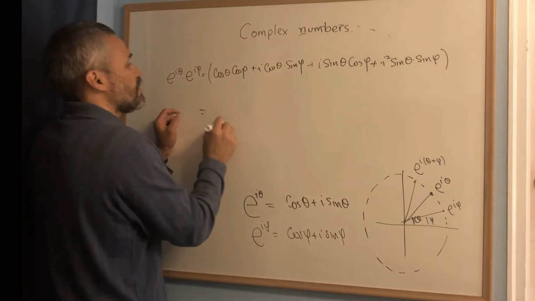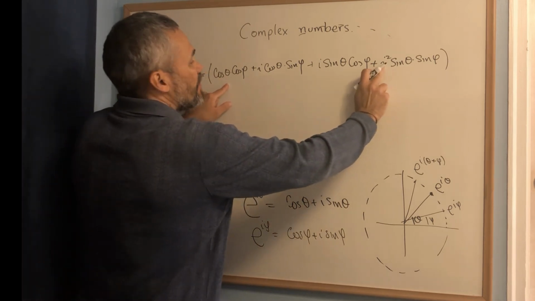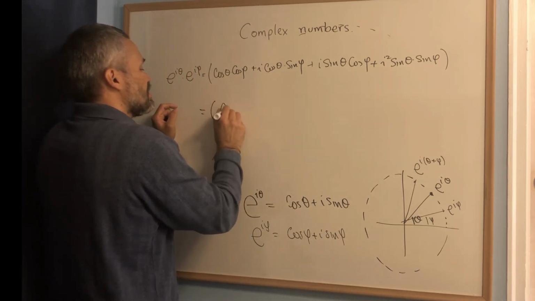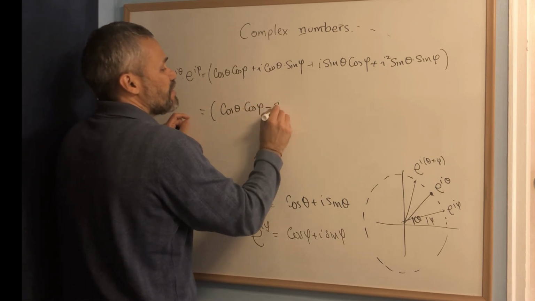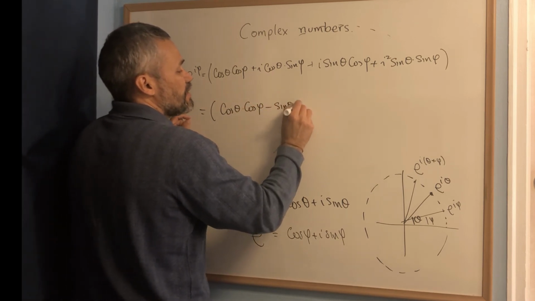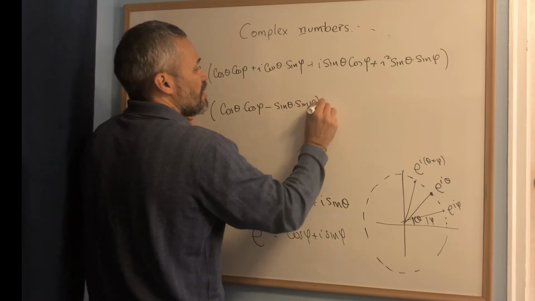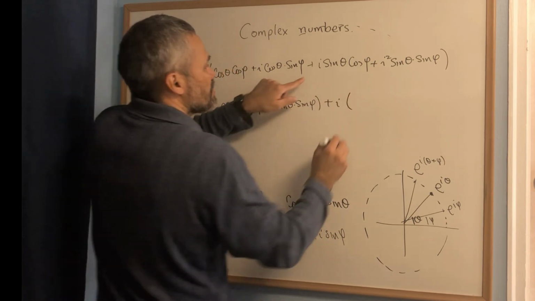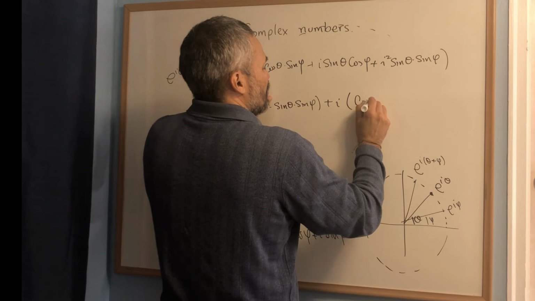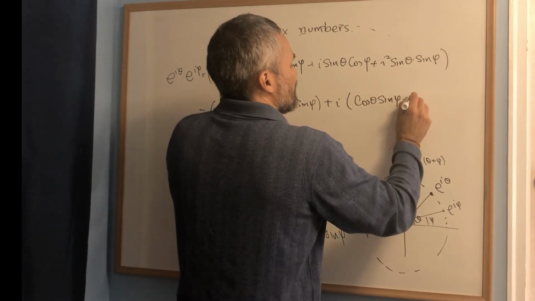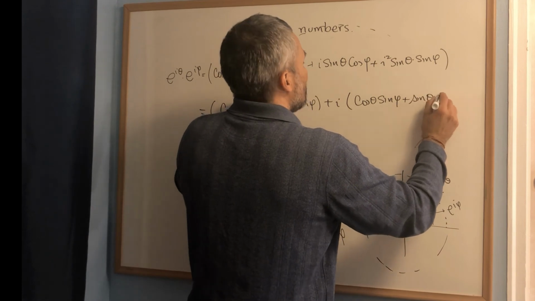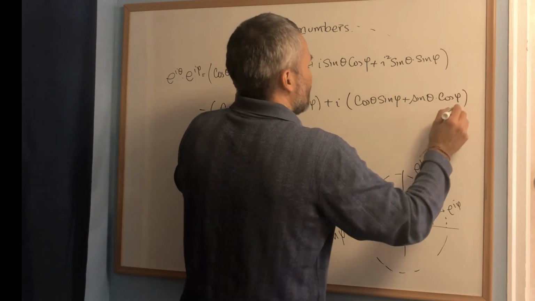But i squared is equal to negative 1, right? Then I can write this as cosine of theta cosine of phi minus sine of theta sine of phi, plus i times (cosine of theta sine of phi plus sine of theta cosine of phi).